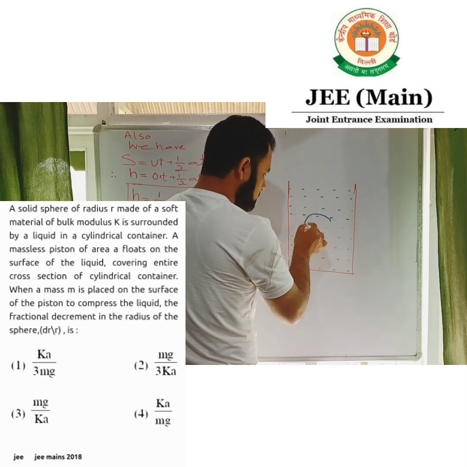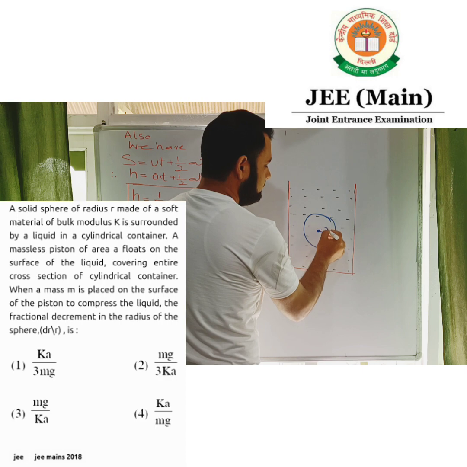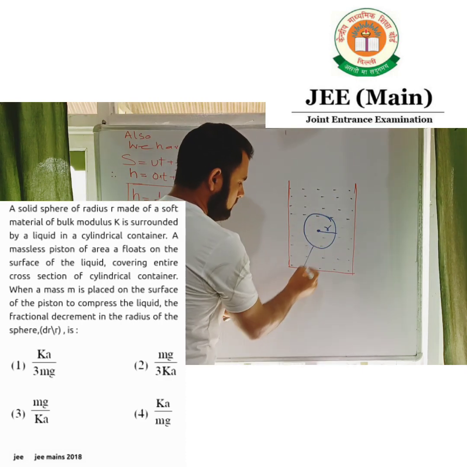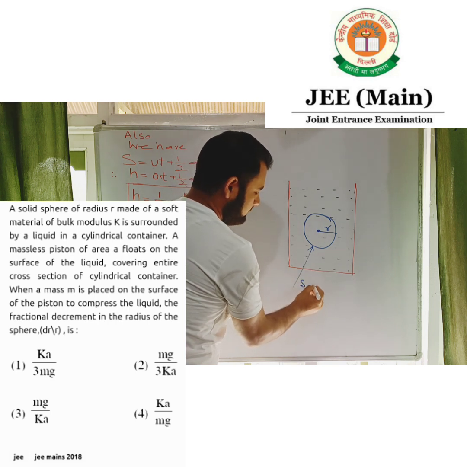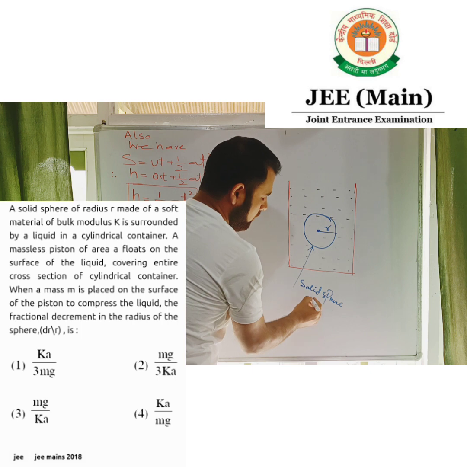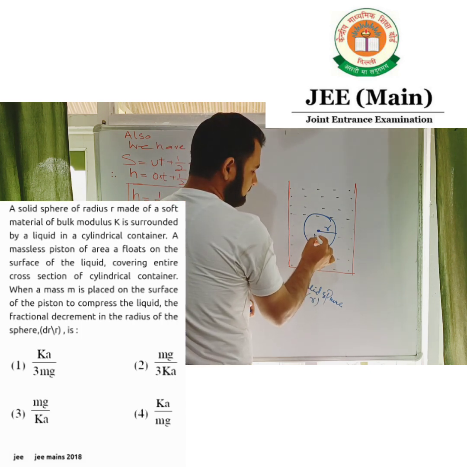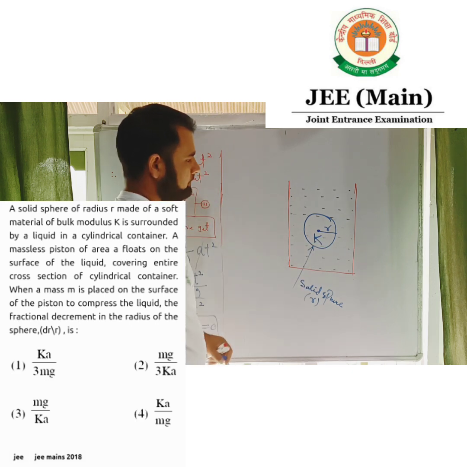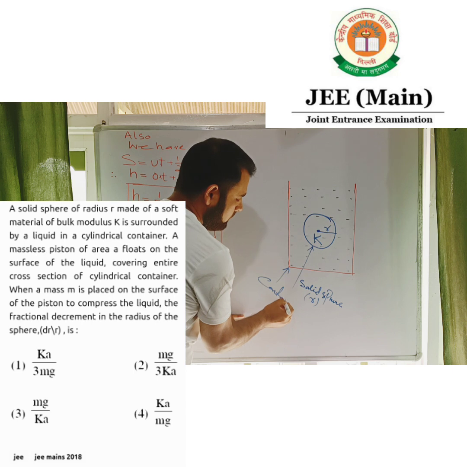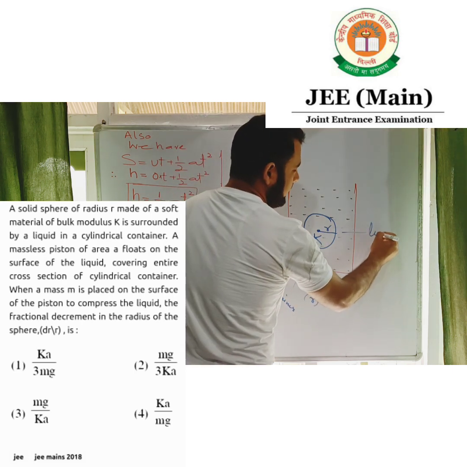So suppose this is a solid sphere, having radius r. This solid sphere is surrounded by a liquid. So this is a solid sphere of radius r, bulk modulus K. And this is a cylindrical container, and this is a liquid inside it.